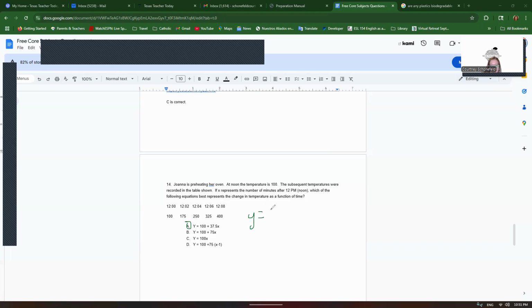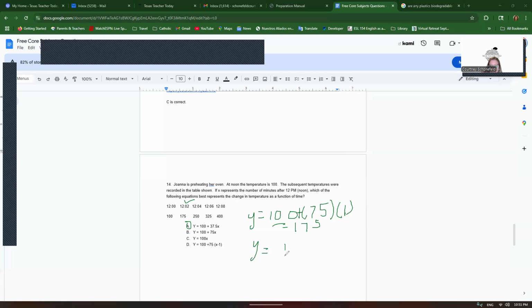Y equals 100 plus 75 times x minus 1. Let's do x is 2. 2 minus 1 is 1. And I forgot my plus sign here. 100 plus 75. So y equals 175. Well, that's right so far, right? So that's good. Let's look at 4. X equals 4.